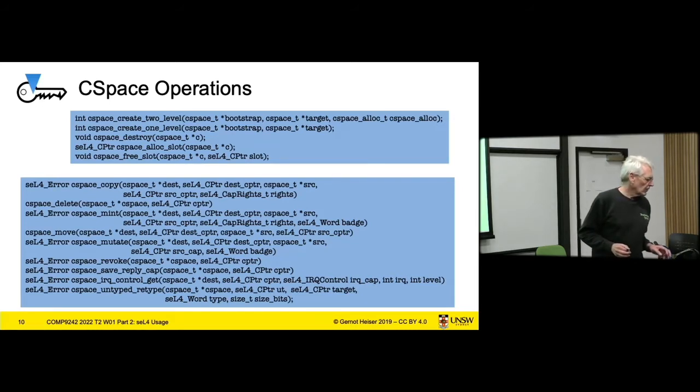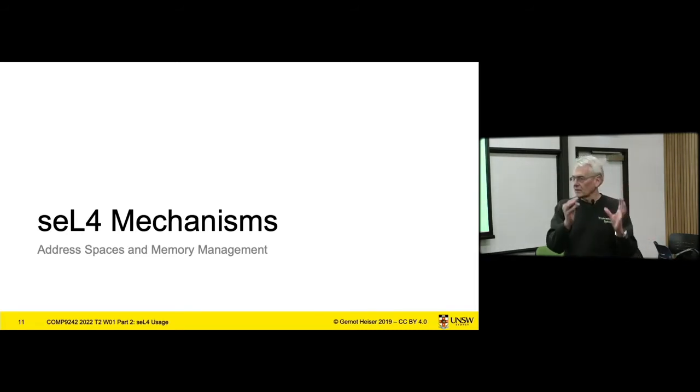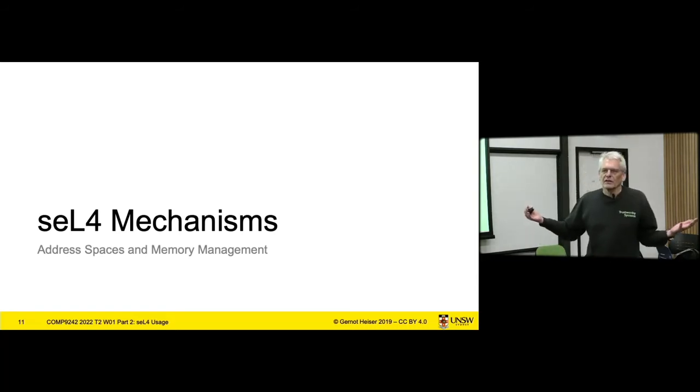Okay, so that was C spaces, and then let's look at how actual memory management works. So C spaces are all about access rights, so that a C space defines a protection domain because it's a collection of capabilities, right? And in contrast, address spaces represent the virtual memory space of processes.